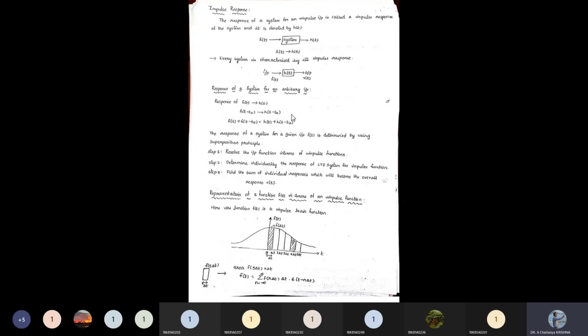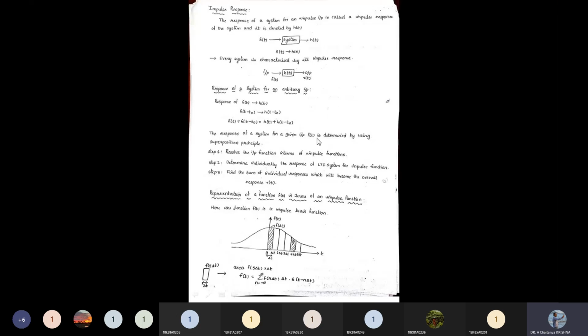If the input changes, the output also changes to h of t minus t naught. If we multiply the input, the output is also multiplied. This is how we can find the output response of the system.